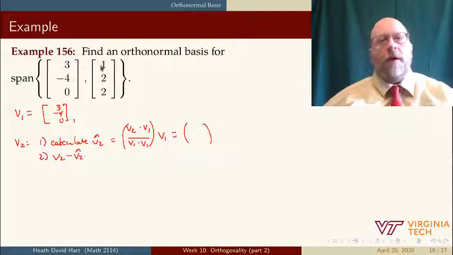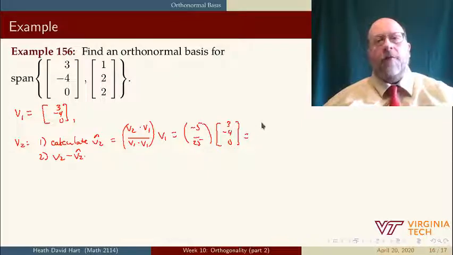So v2 hat is v2 dot v1 over v1 dot v1 times v1. v2 dot v1 is 3 minus 8 is negative 5. v1 dot v1 is 9 plus 16 is 25. Times 3, negative 4, 0. This is negative 1/5.